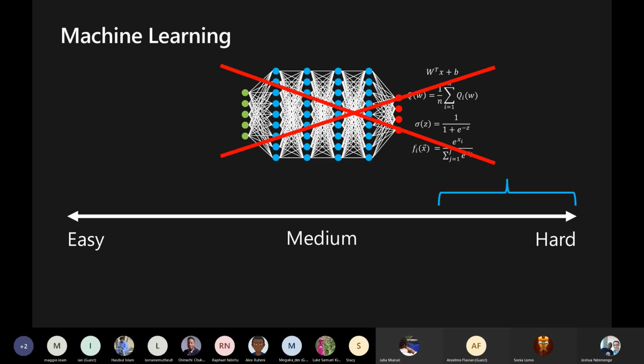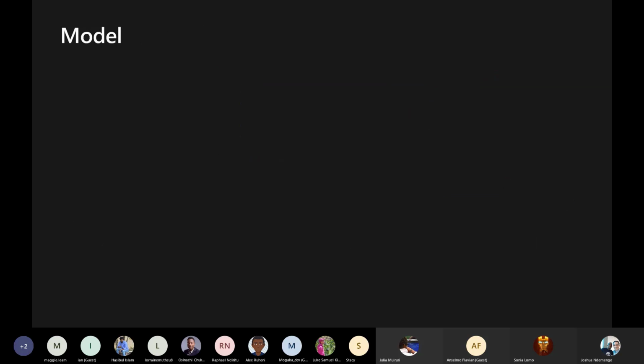Building or rather training your own machine learning model, building it from scratch, we're not going to be doing that today, but I might leave you a few resources at the end of the session if you're interested in looking into that. But we'll be focusing on the easy and the medium part, where we consume an already trained model, or we can customize a pre-trained model.